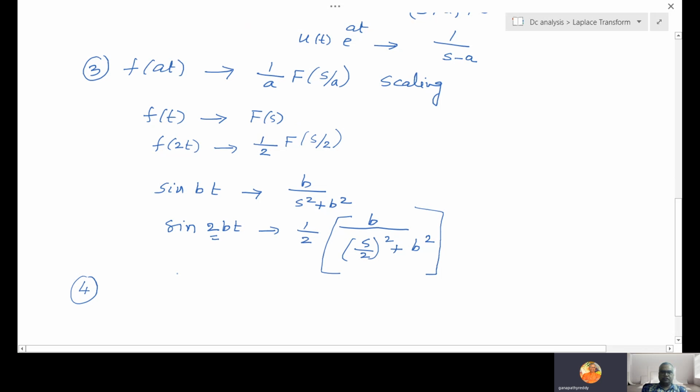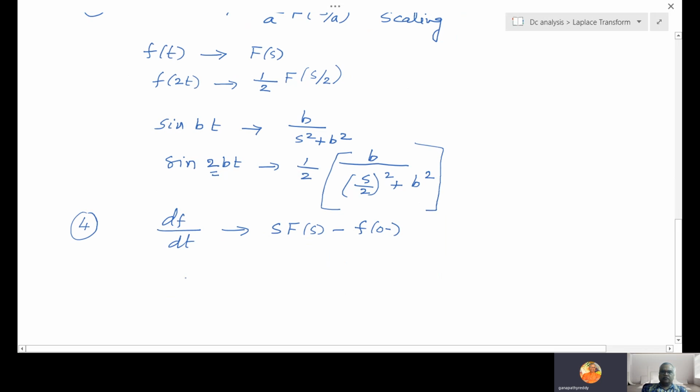Time differentiation. df by dt transform is s into F of s minus f of 0 minus. If it is d square f by dt square, s square F of s minus s into f of 0 minus minus f prime 0 minus.